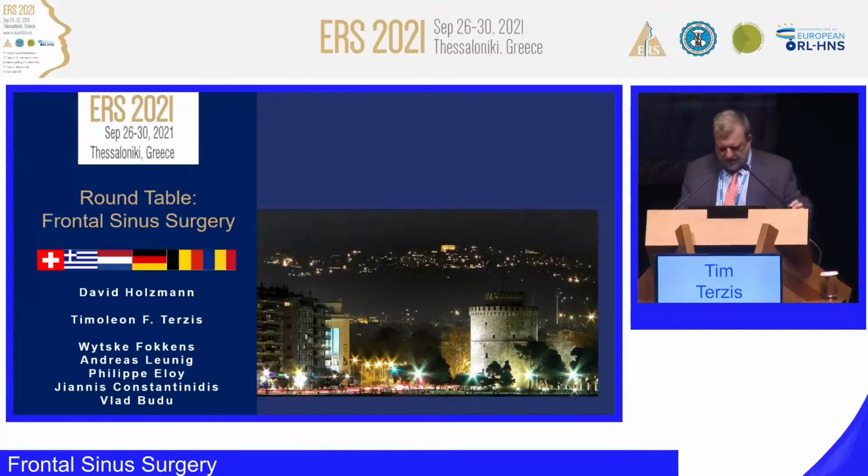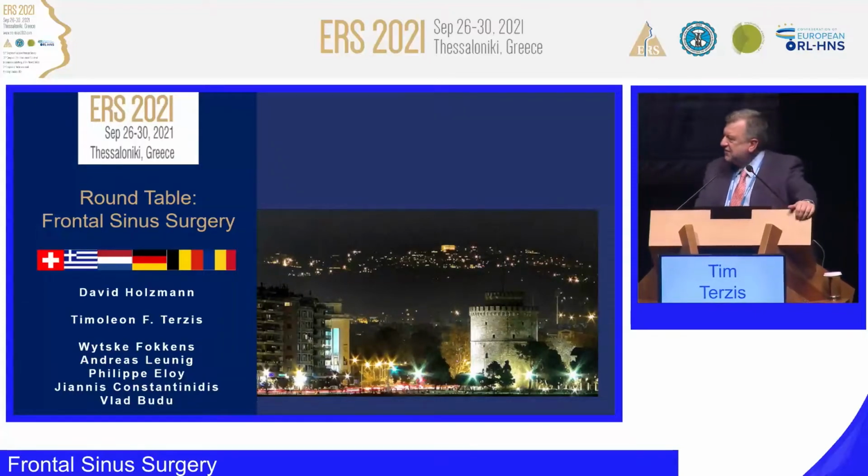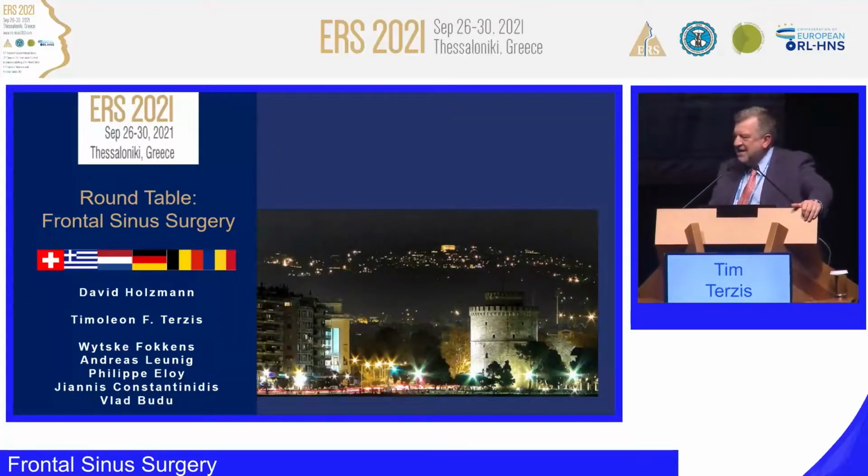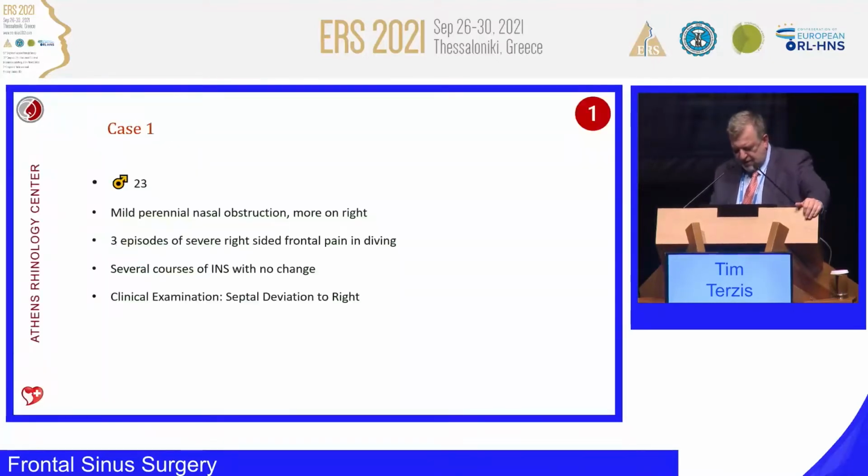Thank you. So we'll discuss a few cases which I think cover a range of diseases and conditions in the frontal sinus. So we start straight away with the first case, young man, 23, with a mild perennial nasal obstruction, more on right.